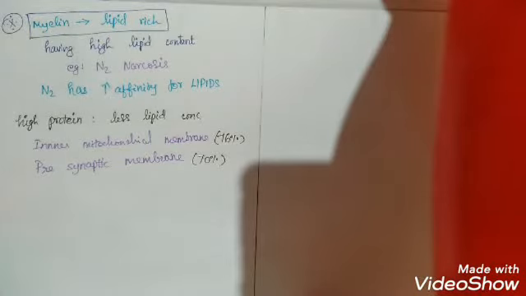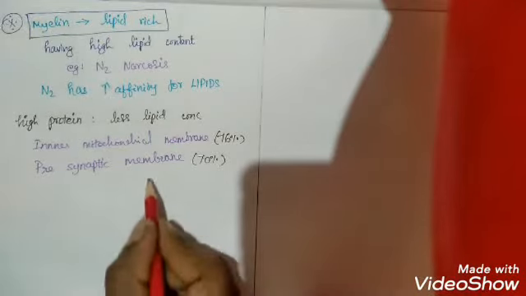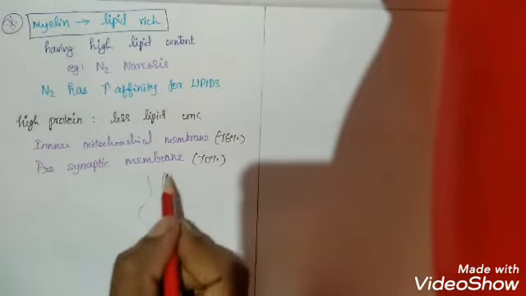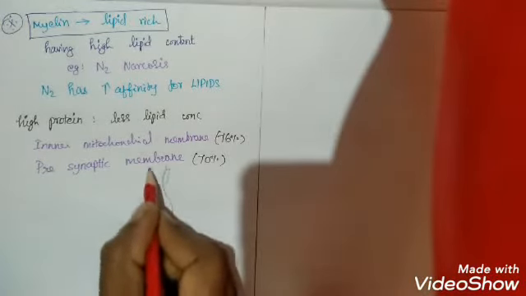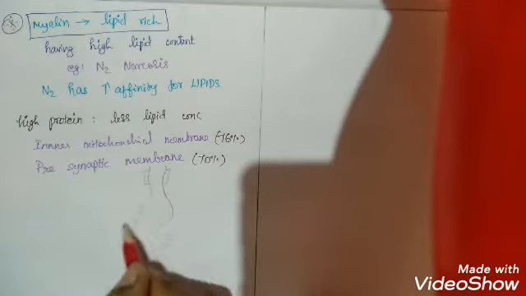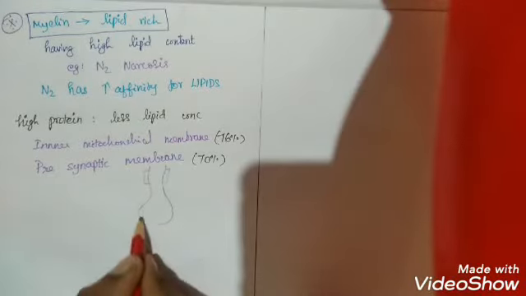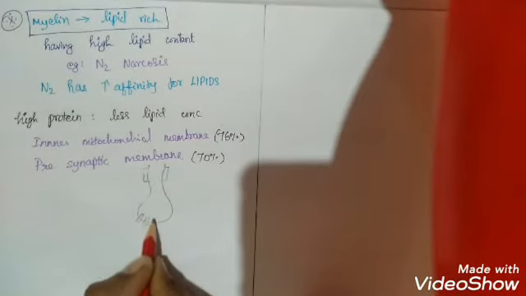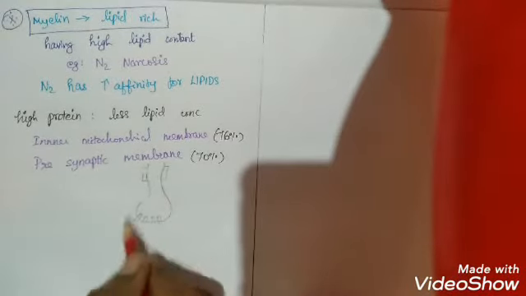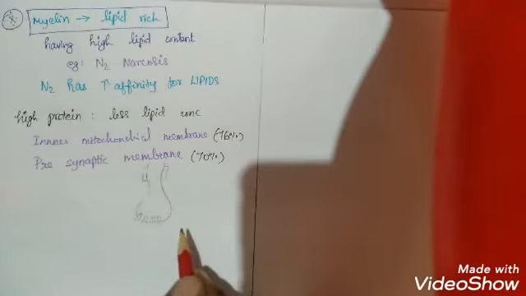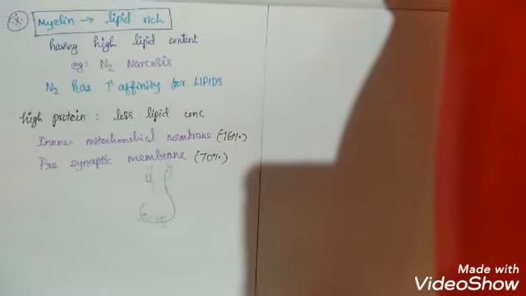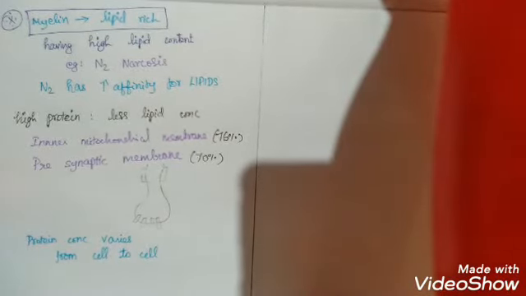For the presynaptic membrane, you see the cells coated with myelin, right? Whenever there is a neuronal ending, it is devoid of myelin and has protein-based channels, so less lipid and more protein. And this is how protein concentration varies from cell to cell.